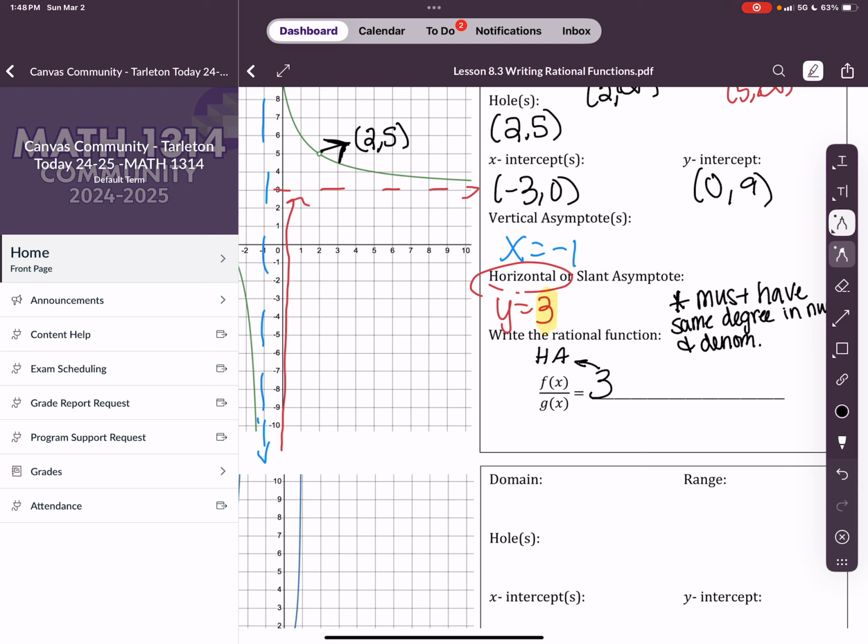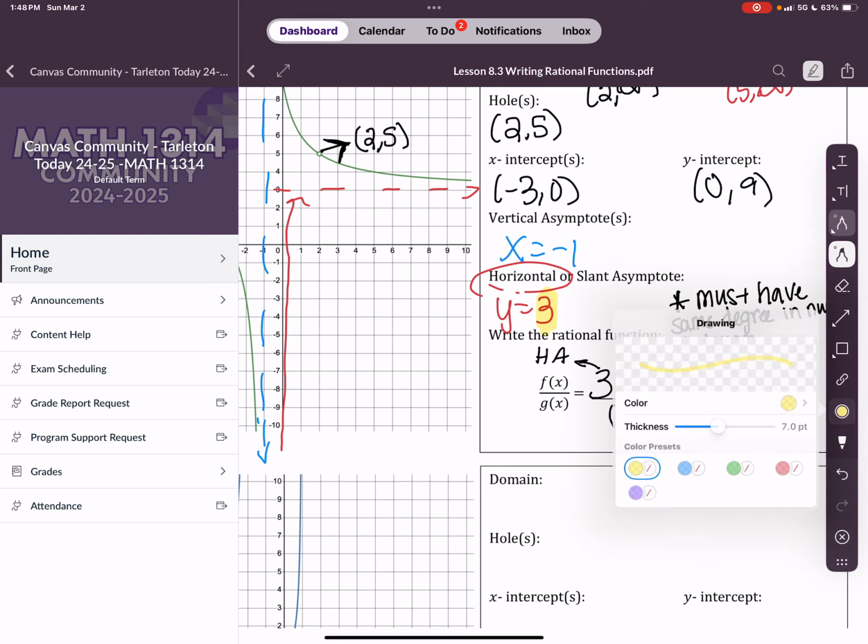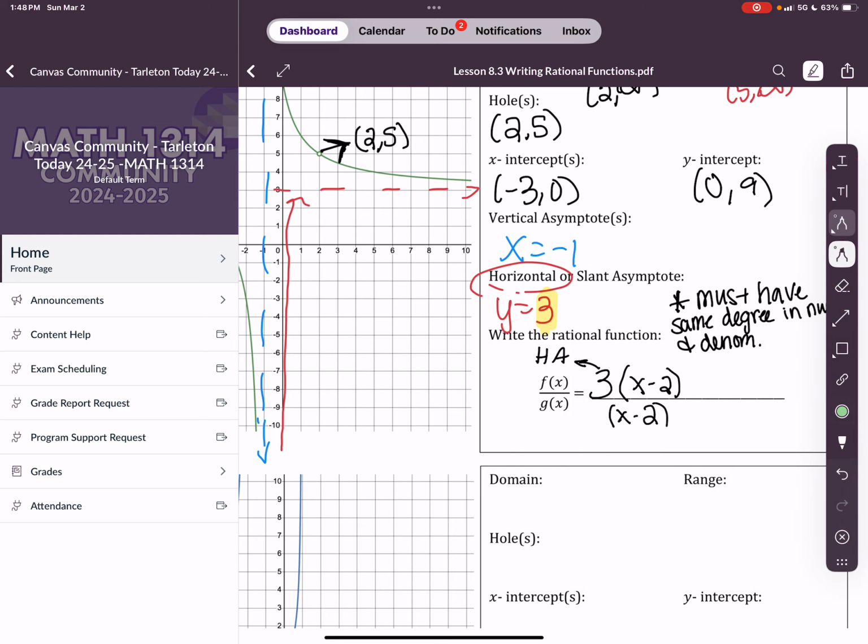All right, now moving on. The next thing on the top, I have to account for my hole. So if my hole is at +2, that means in factored form it would be x minus 2, right? Well, if it's a hole, it has to be in the top and it has to be in the bottom. So this x minus 2 part comes from our hole right here.